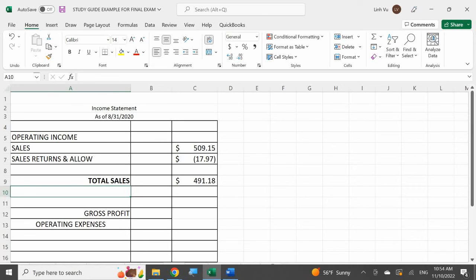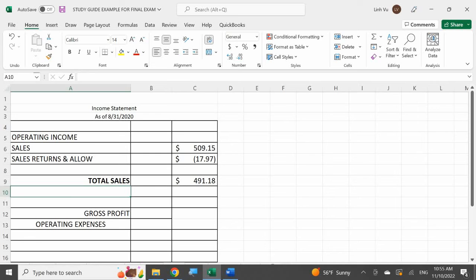Now, what costs are directly correlated to my sales and inventory? What direct cost is related to my sales? Remember the matching principle. If I'm generating revenue, what is my direct equal cost or expense that I have to match my revenues with?